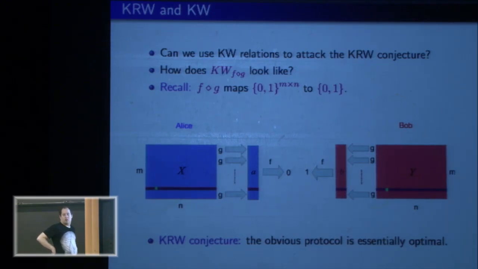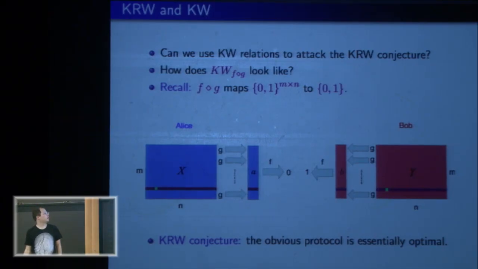Questions on this protocol, on why it is true? By the way, if you look at the connection between KW relations and formulas, you get that this obvious protocol is just the analog of the obvious formula for computing compositions. So there is nothing new here.